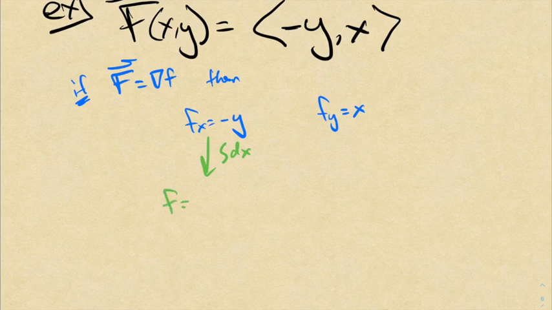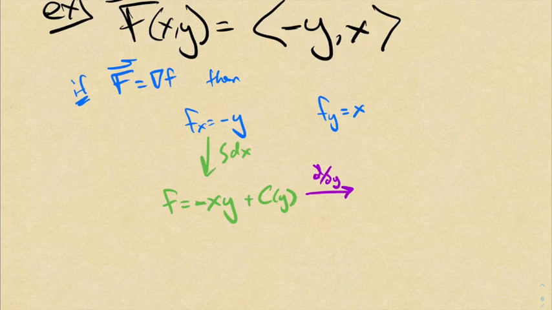This seems to imply that f should be minus xy plus some function that can depend on y. We can take a partial with respect to y, I should use the partial symbol, and get minus x plus c prime of y. Specifically, this should be equal to the partial of f with respect to y, since this is f, and we took a derivative.